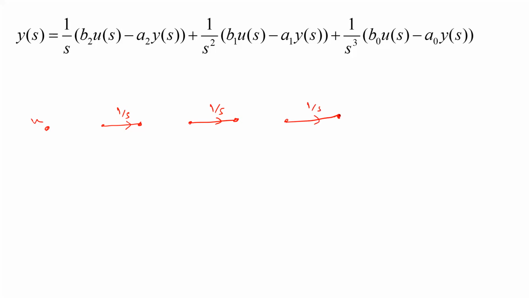And suppose this is y. I can get y also here by having a gain of 1. Any node I can make an output node, but I cannot make it an input node.